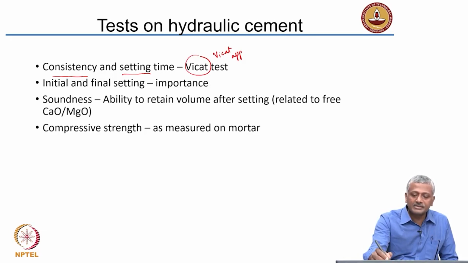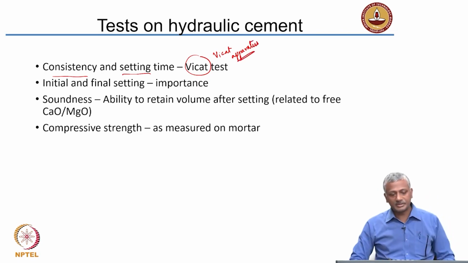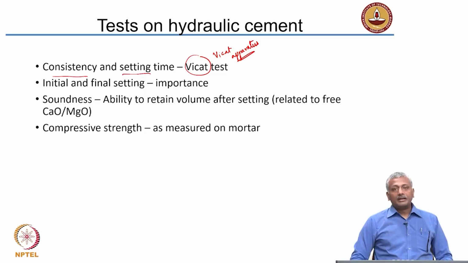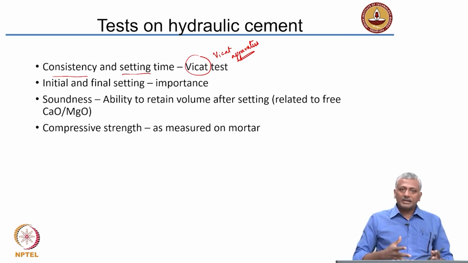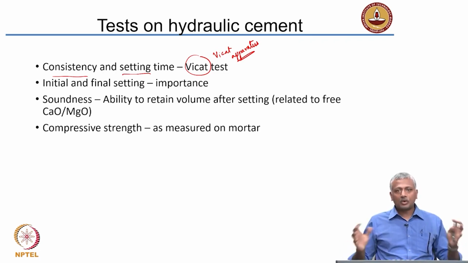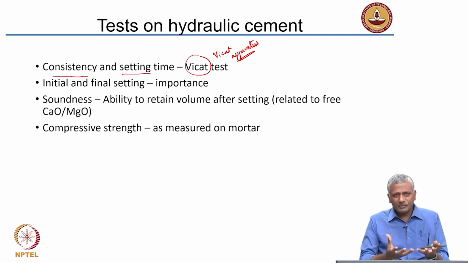Many of you will have this test in your laboratory classes in your further semesters. Okay. So you have to determine what is called initial setting time and final setting time. What do you think is the importance of initial and final setting time? Now, you know that when the concrete is first prepared by mixing water into it, cement and water come into contact, the concrete is still very fluid.